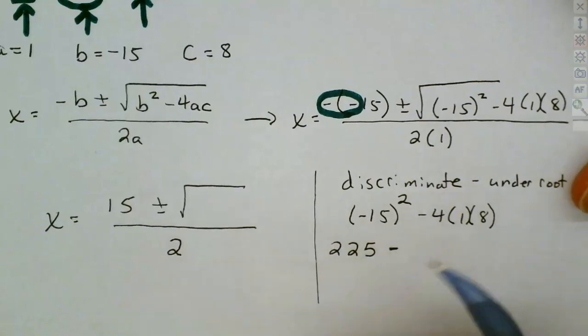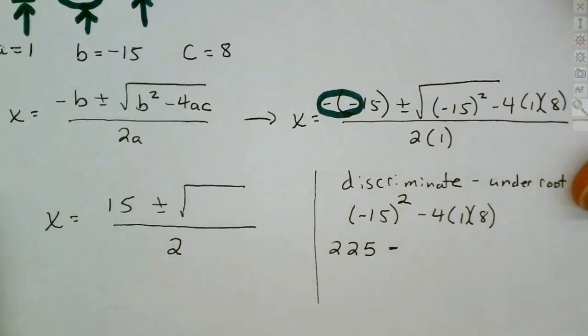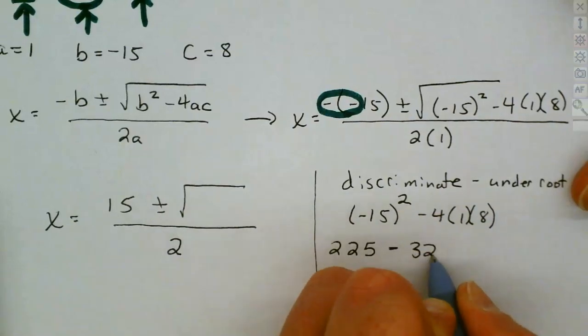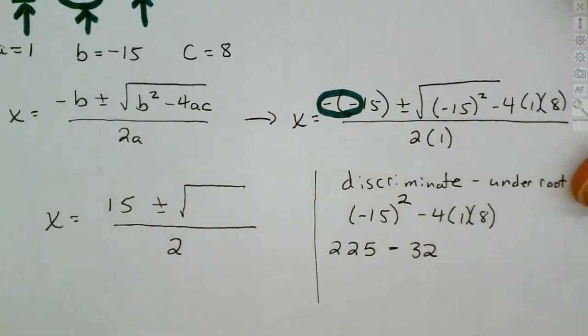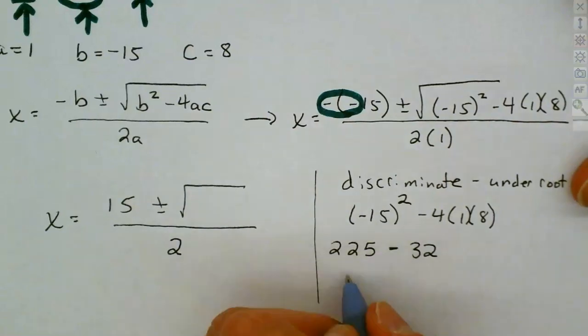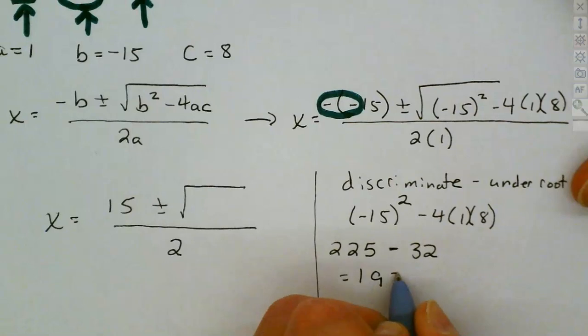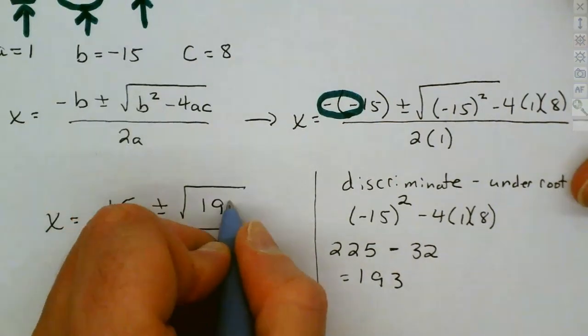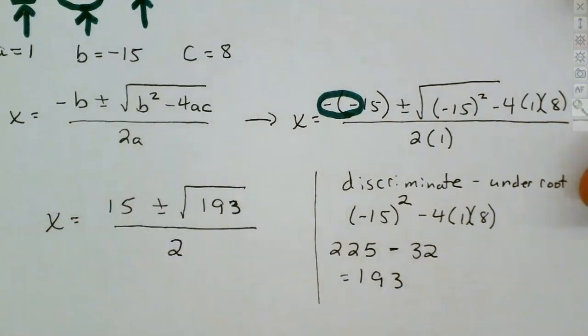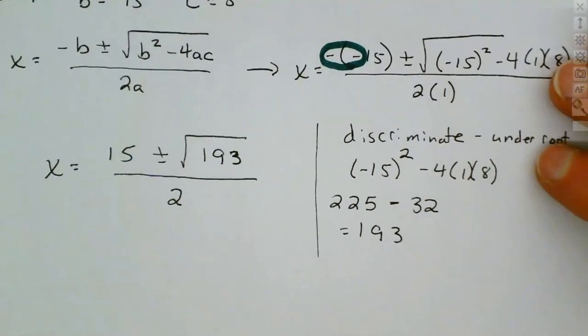Then we've got a single negative here, and that's 8 times 4, which is 32. And now we've got 225 minus 32. That comes out to be 193. Is everyone okay with that so far?